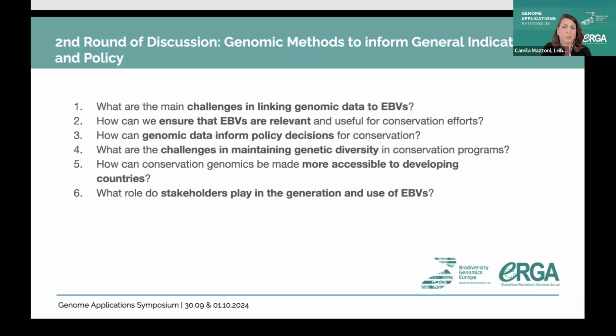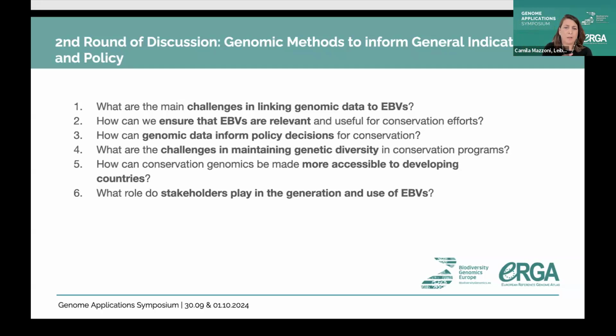So the few points for discussion would be the challenges in linking genomic data to EBVs, as I mentioned, and how to ensure that EBVs are relevant and useful for conservation efforts. So not only that they inform the trends, but they actually inform the efforts themselves. Genomic data informing policy decisions: how can we make this happen? What are the challenges in maintaining genetic diversity in conservation programs?